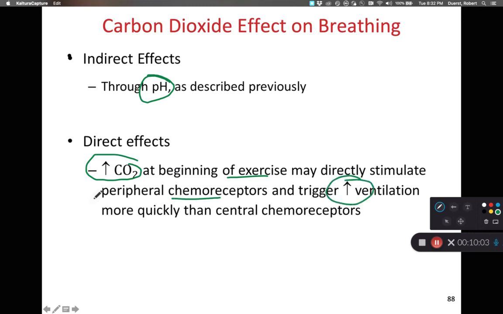But notably, it's our peripheral chemoreceptors, not our central chemoreceptors. It takes time for carbon dioxide to go from the bloodstream to the cerebrospinal fluid to the central chemoreceptors. So the peripheral chemoreceptors within the blood vessels outside of the central nervous system are going to be able to respond more rapidly.